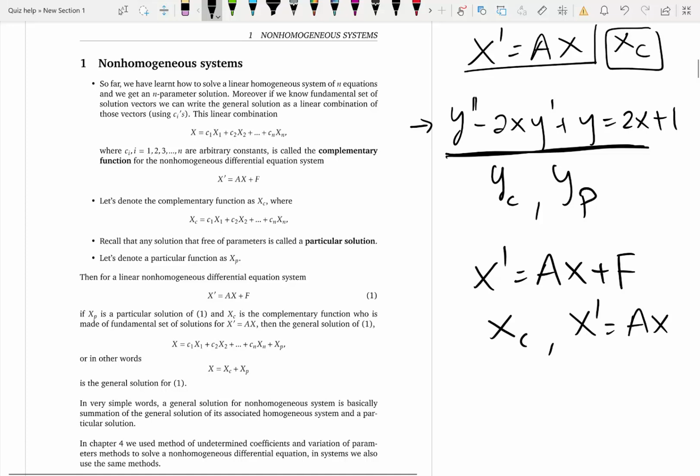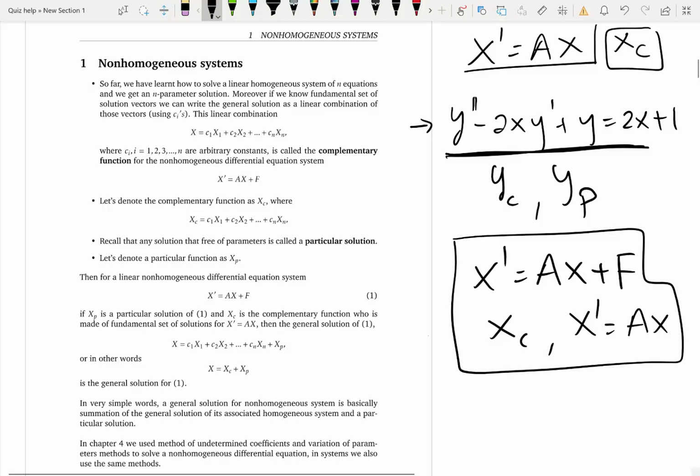Now, how can we find the particular solution when you have a system? Well, you already see there are plenty of analogs with chapter 4. So guess what method we are using? Your favorite method of undetermined coefficients, or we can use variation of parameters. So we are going to learn both of them again for systems.